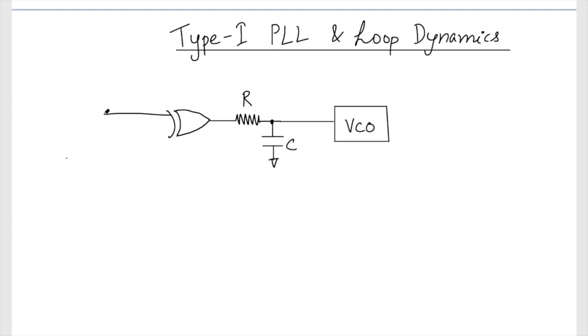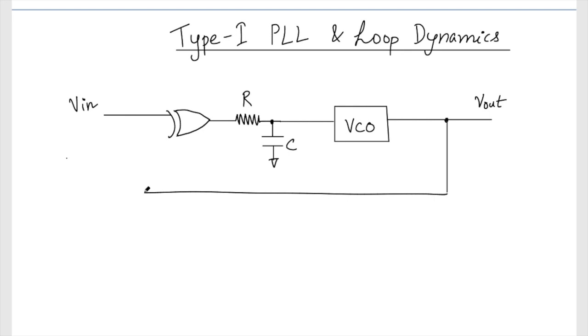This is my input Vin, and this will be the output of the VCO. We can connect a divider and get a multiplied output, but in this example we just want to go without a divider, so the phase difference between them is constant and the frequency is the same.